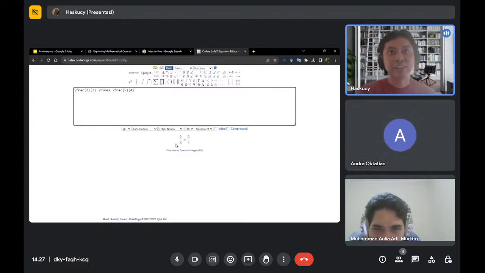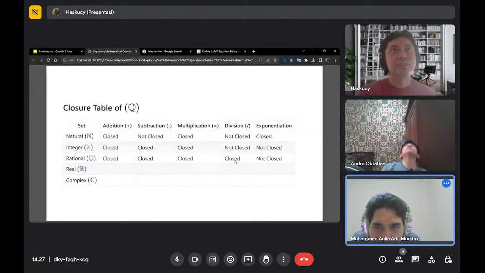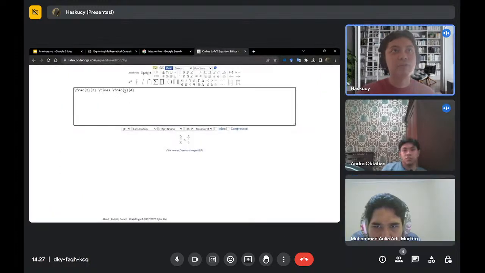That's why it is rational. And you know that this is actually closed in multiplication, so it is also closed. Oh, I see. So you just flip it, for 4 divided by 5 to 5 divided by 4.